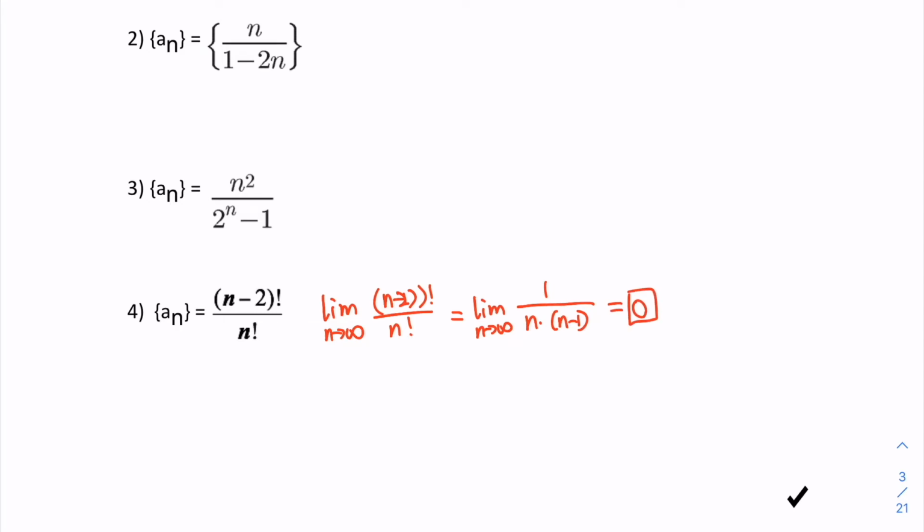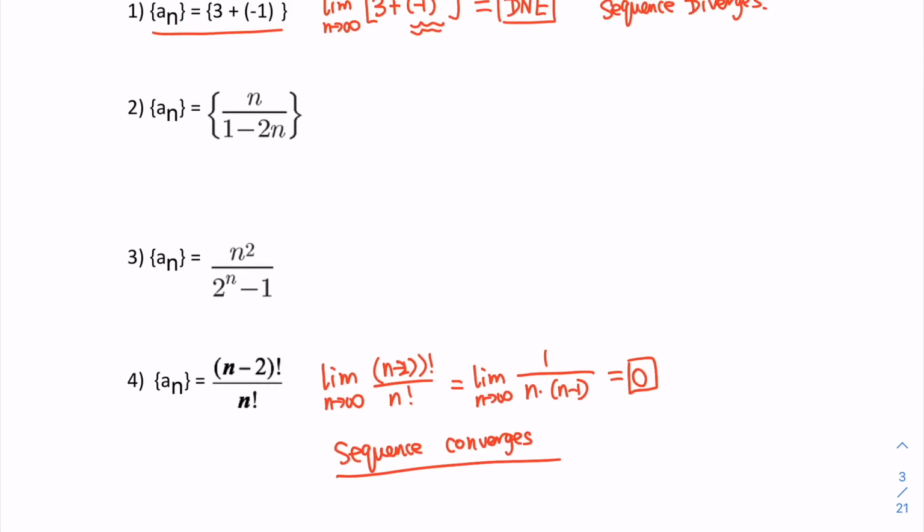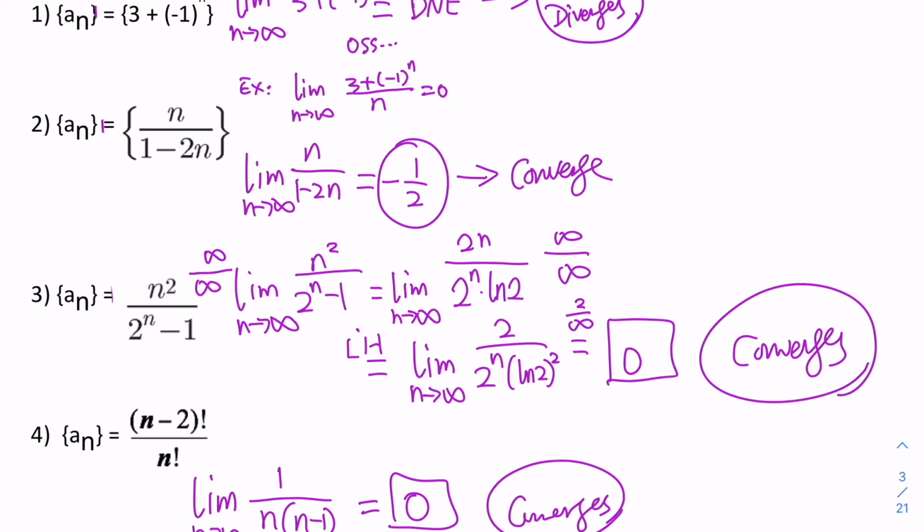It's a number, so the sequence will converge. Everybody, you can try number 2 and number 3 yourself and compare with my answer key. Sometimes when we take the limit, we have to use L'Hopital's rule too. This is my answer key for number 2 and number 3. Everybody have a look. Any questions, let me know.